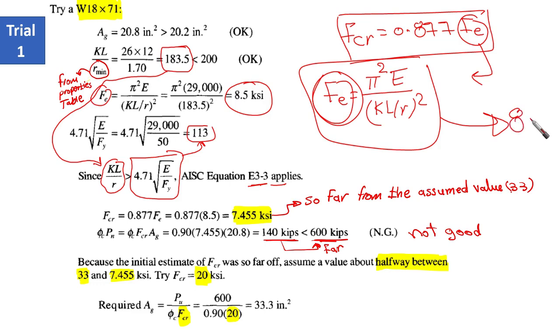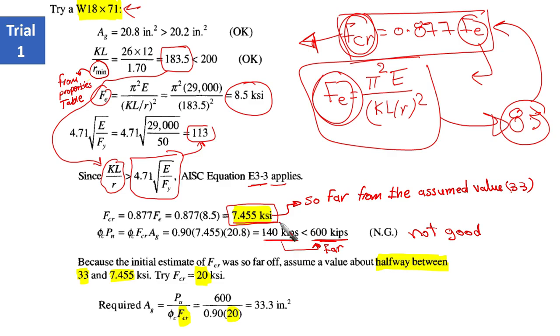Then we're going to substitute in this equation to obtain our FCR, which is the real available critical buckling strength for this shape. After substitution, we found that it equals 7.45.